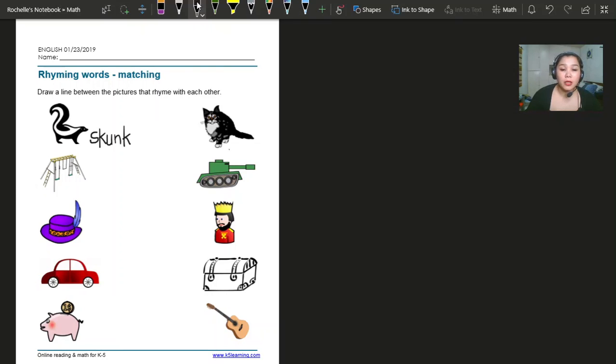And this one is what we call swing. So we are giving now the English terms for the pictures. And this one is what you put on your head, which is called hat. And then this one, the common name for that is car.